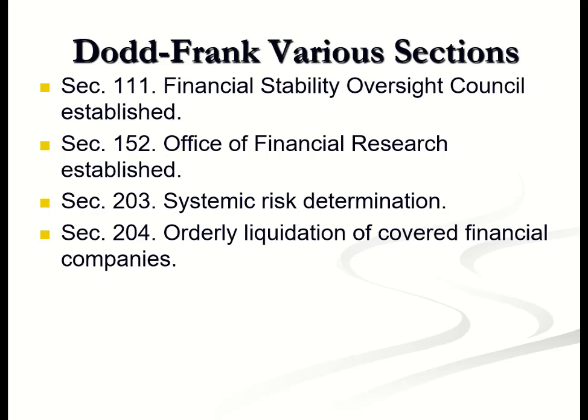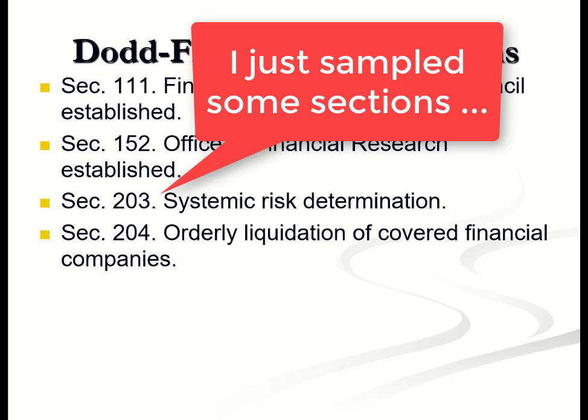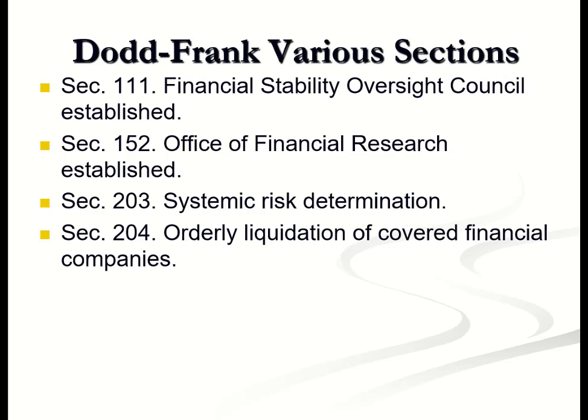Here's just a list, and I don't want you to memorize this, of some of the various sections. There's lots and lots of subsections within the Dodd-Frank. And so right off the bat, you see early on, section 111, Financial Stability Oversight Council is established, and it goes into how it's establishing it.